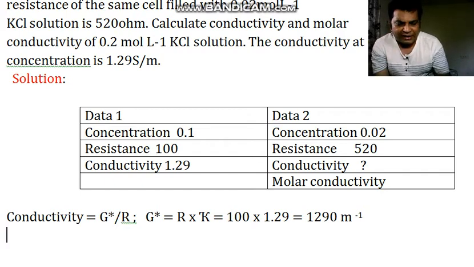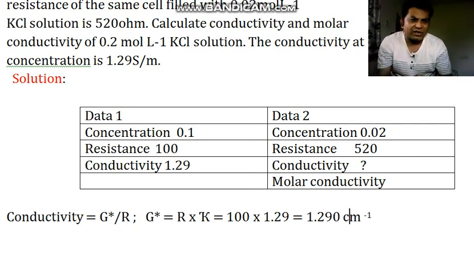So directly I am writing 1 divided by 1000, that is 1.29, and here I will make it centimeter. Okay, that will be a better idea for us.